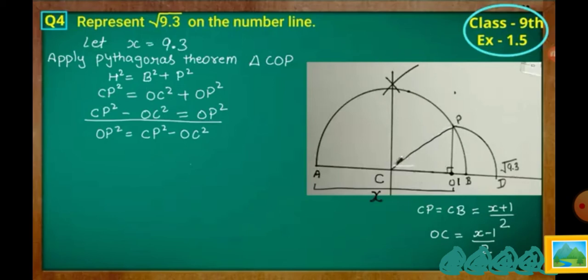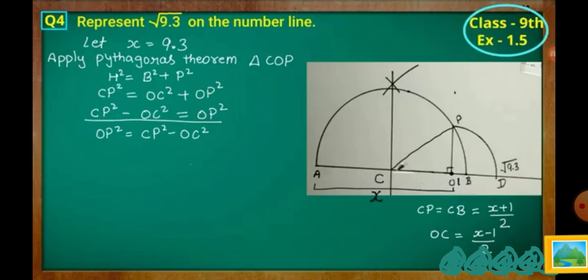See children, CP is equal to CB, that is half of the AB. So x by 2. See, again we extended 1 centimeter here. So that is equal to x plus 1 by 2. So CP is equal to CB is equal to x plus 1 by 2.